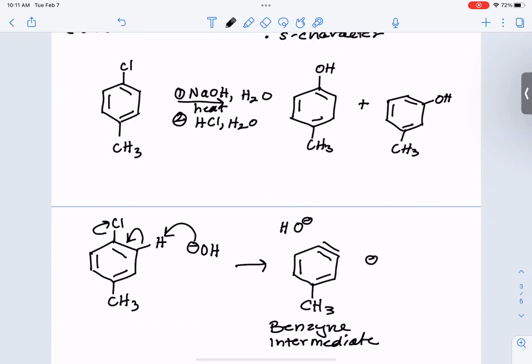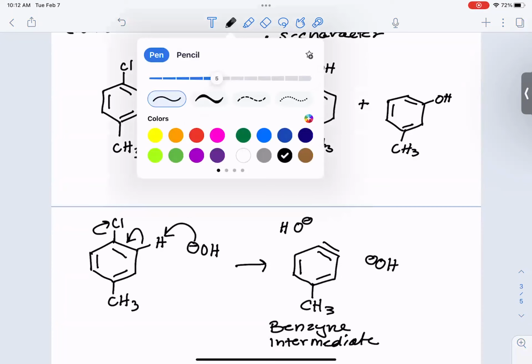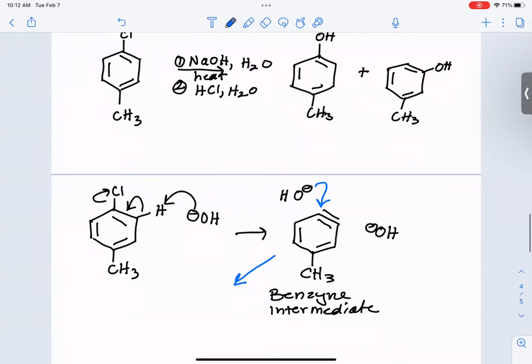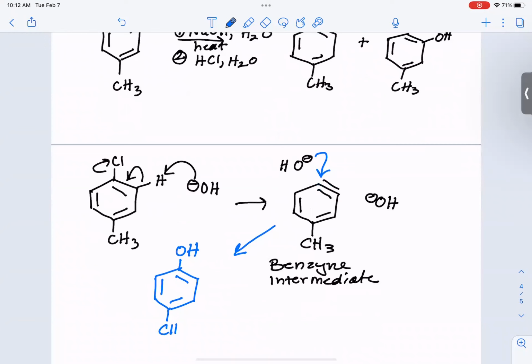Okay. All right. So now my OH minus can add. If I add to the carbon where I've indicated with the blue arrow, I get that first product that I drew where it looks like the chlorine was directly substituted. I'm not going through the rest. Understand I simplified this.